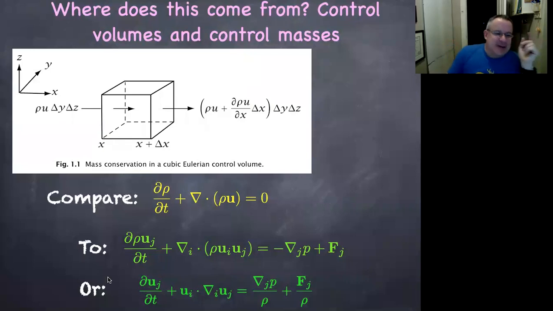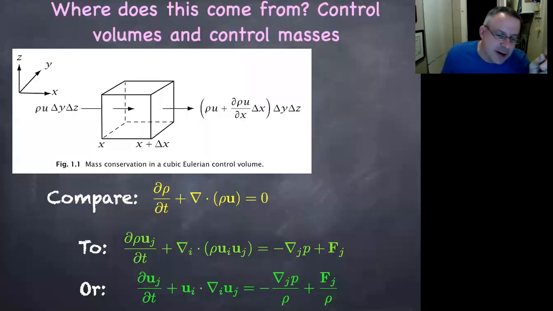All right, so now you might be able to see, if I were to take this equation, I can pull the rho out of the d/dt, I can pull the rho u_i out, end up with a u_i here. So I'd have rho d/dt of u_j, I have rho u_i on this term, and then the rhos go over to this side, the u_i stays there, there's the material derivative on this side, and then over here we have, oh, missed again.